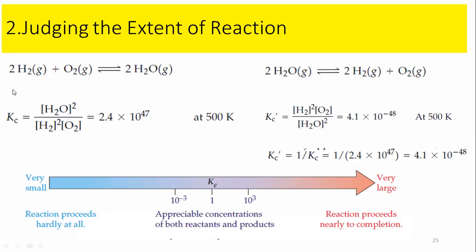This is the expression for the chemical equilibrium constant, and look at the value: this is 2.4 × 10^47. That means this is a much, much faster reaction. And previously you have learned that if the value of K is greater than 1, then it is a spontaneous reaction, and vice versa, it would be a non-spontaneous reaction.